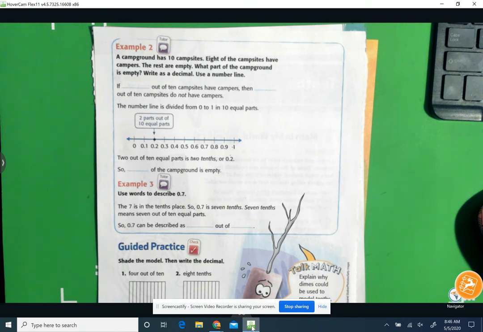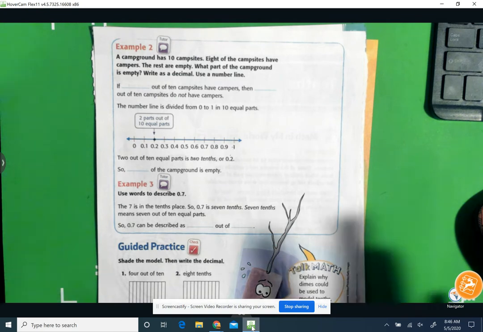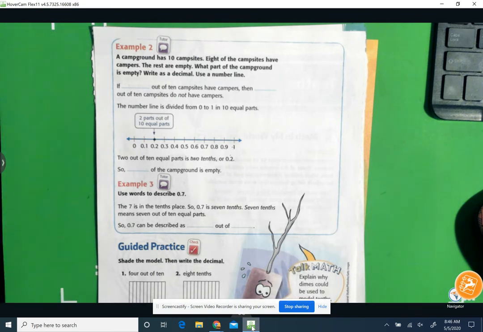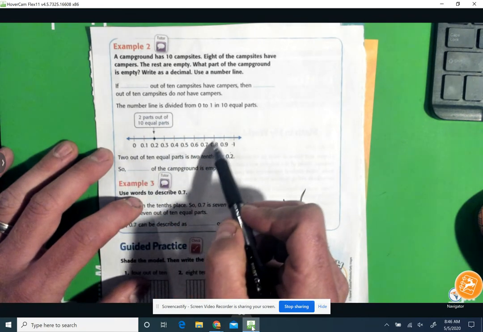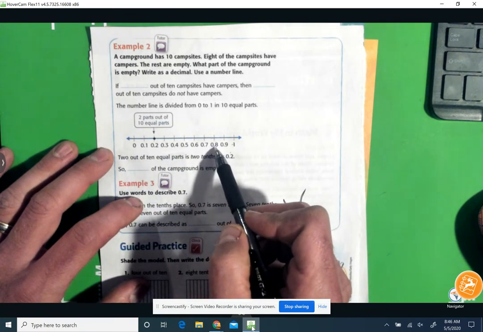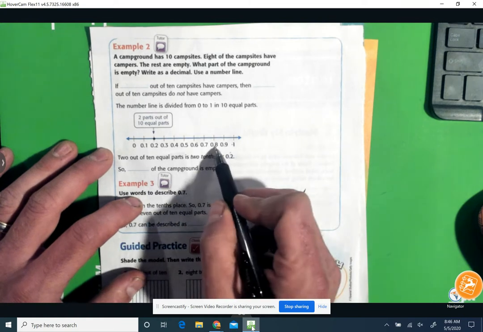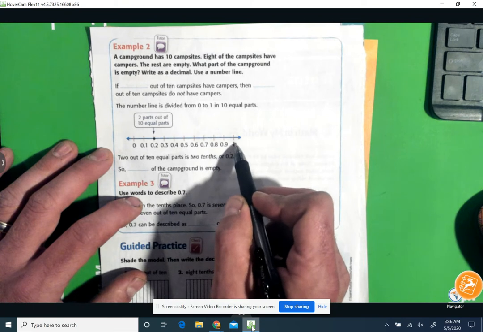No people, no tents, no cars, no barbecues, no nothing. We have 8 of them that have campers. Okay, how many are left that could be possibly empty? Okay, so we have 8 of them that have campers, right? But how many are empty? We got 2 left, right, for the entire one whole campground to be filled up.